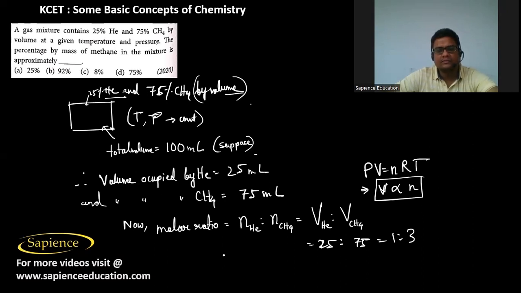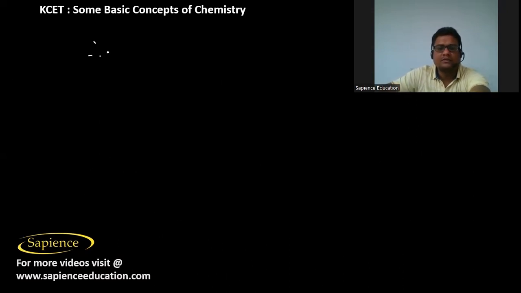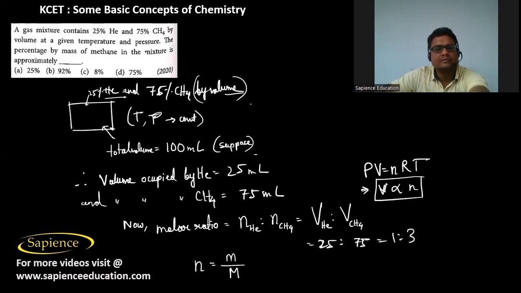Now, therefore, the number of moles is given as the given mass divided by molar mass. Now, therefore, here it has been asked to find the percentage by mass of methane.